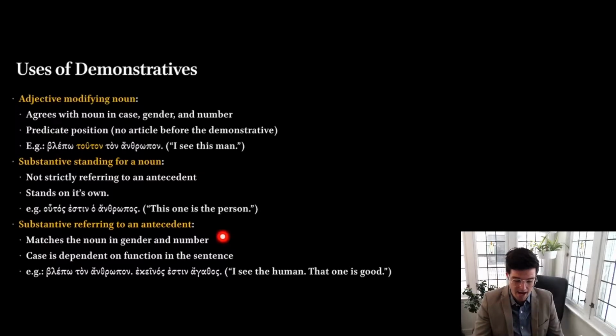And it's going to match that antecedent in gender and in number, and its case is going to be dependent on its function in the sentence. So it can change its case based on what it is doing in the sentence. So the example here, blepo ton anthropon, I see the human, ekainos estin agathos. That one is good. The ekainos here refers to anthropon. Anthropon is its antecedent, and it's changed its case into the nominative from the accusative here because it's the subject of the verb estin.